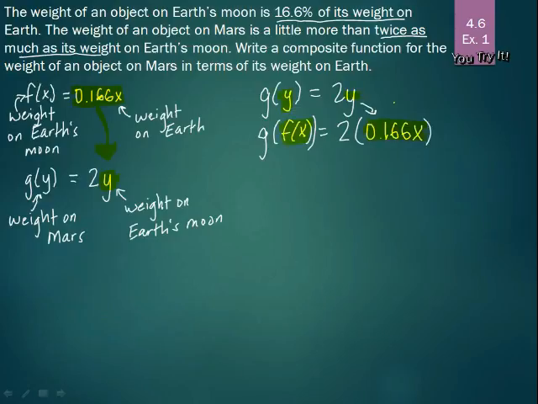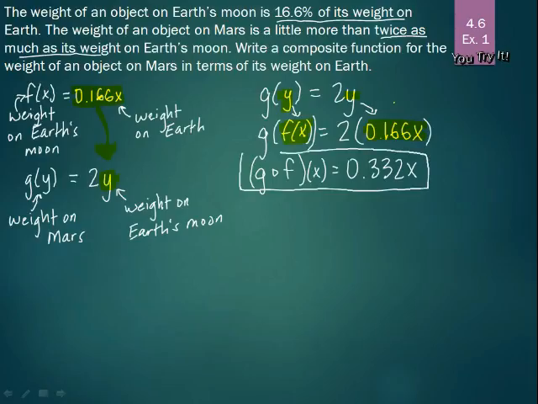We're taking one thing and substituting the other, and so this is a composition. We can put that in composition notation by writing it like so: g composed of f of x equals, and simplifying, 2 times 0.166x is just 0.332x. So that will be our final answer.